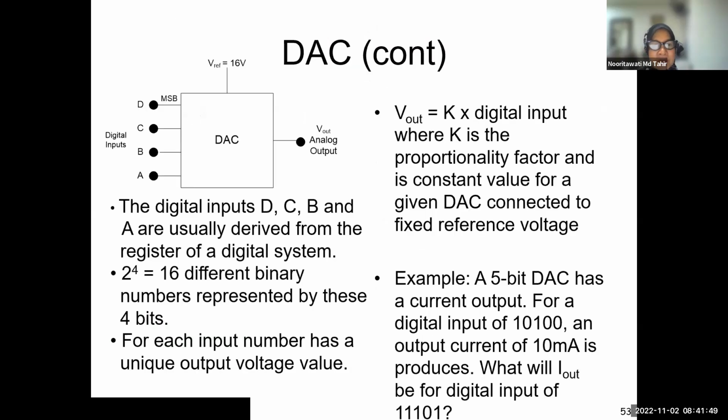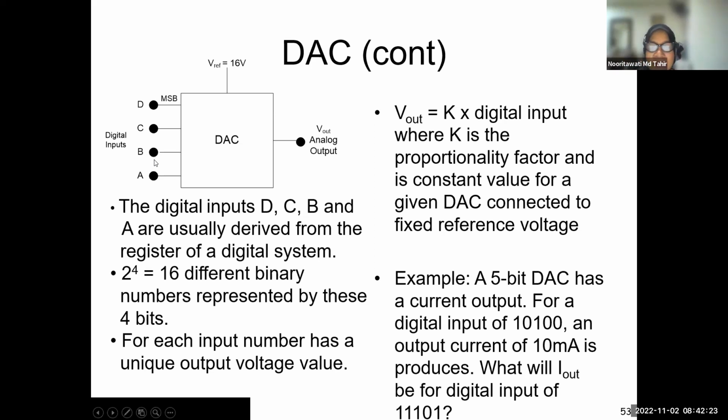Let's look at the first one. If we have 4-bit digital inputs that we would like to convert to analog, and the reference voltage is 16, the first thing we need to know is which one is the most significant bit. If we have 4 inputs, it will give us 16 possible input combinations and 16 possible outputs.